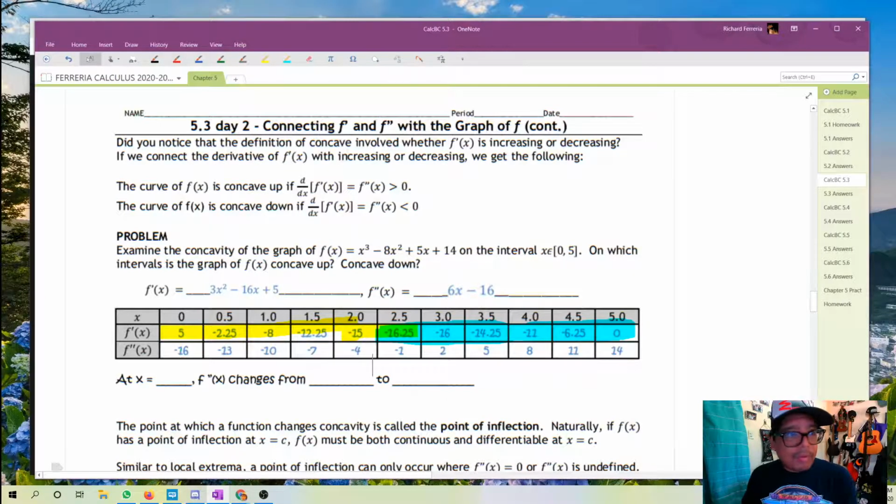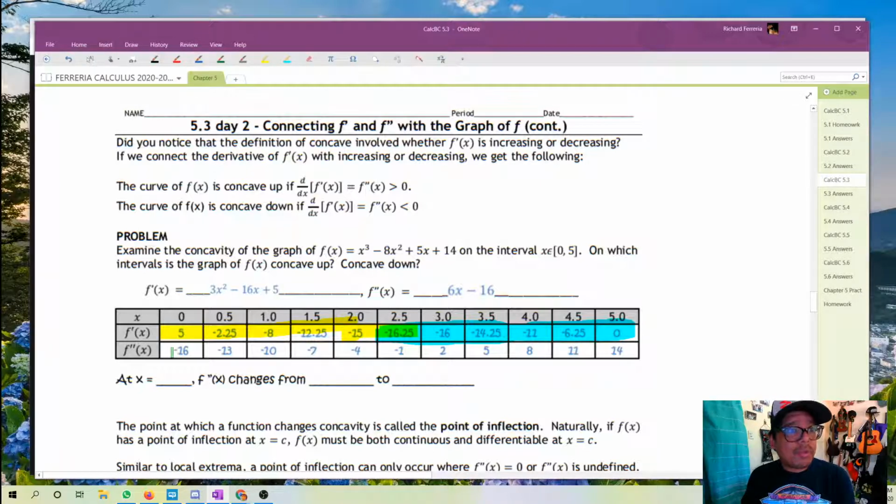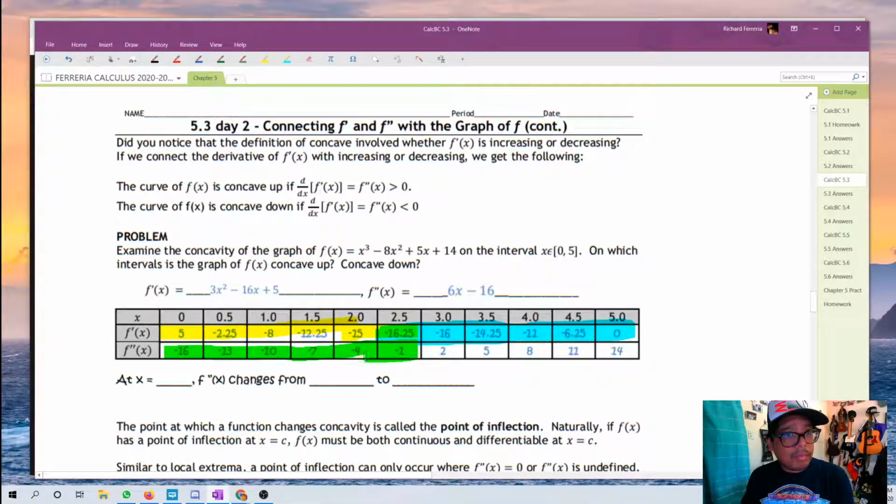Now for the second derivative, notice that here we have places where the second derivative is negative. And that should correspond with concave down. Okay.